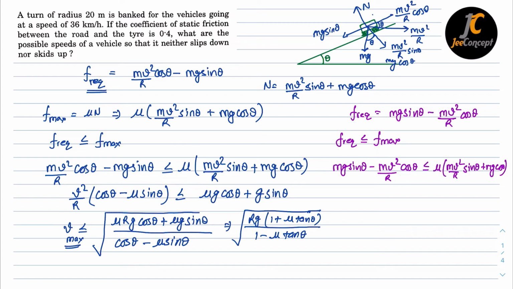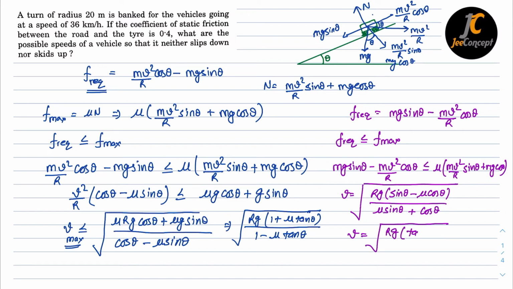So if we solve that, we will get v is equal to under root rg times sin theta minus mu cos theta upon mu sin theta plus cos theta. So we can also rewrite it in terms of tan theta. So this is going to be rg times tan theta minus mu upon mu tan theta plus 1. So for this question, we can directly remember these two equations, which are very helpful.